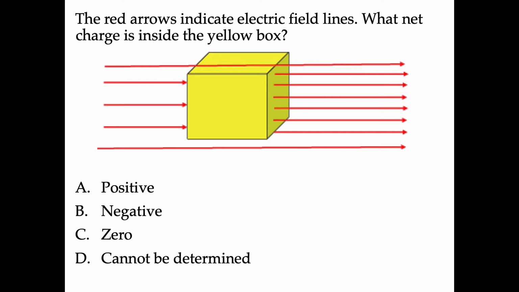Look at the number of field lines going into the box, number of field lines coming out of the box. You can't see inside the box though.